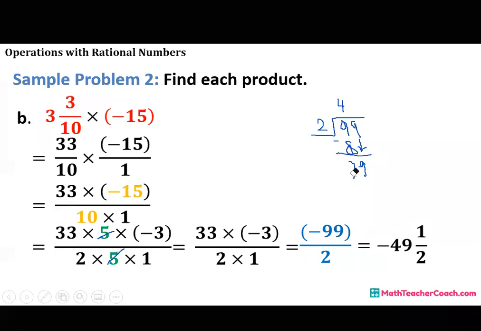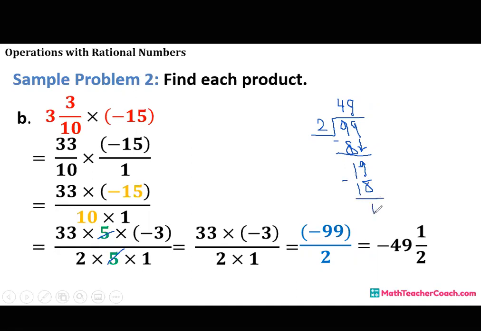Which is the closest number to 19? Yes, it will be equal to 9. Then we will put 9 up. 2 times 9 will be equal to 18. And then we will subtract.